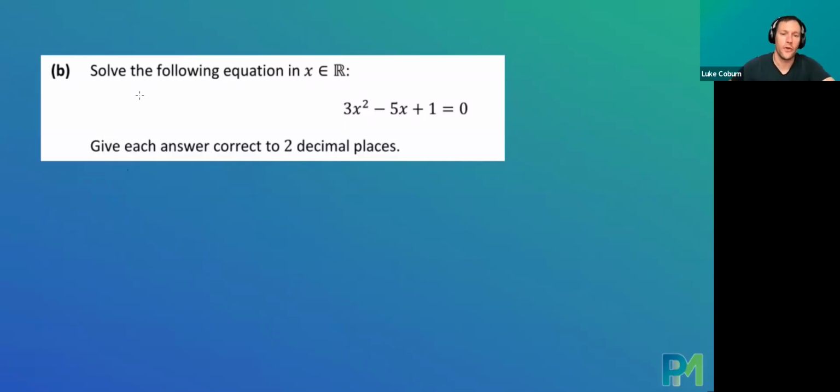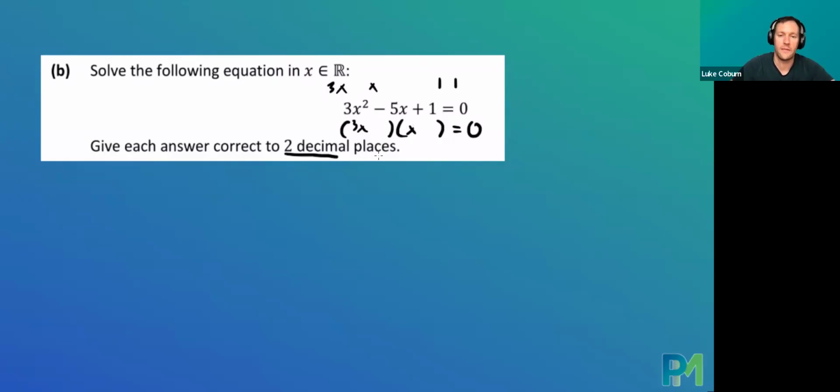Okay. So we have to solve the following quadratic equation. We can go ahead and start breaking it into brackets, but we've been given a clue: 2 decimal places. If we answered this way, we'd have to find two numbers that multiply to give us 1, with the 3x and the x, and sub them in.